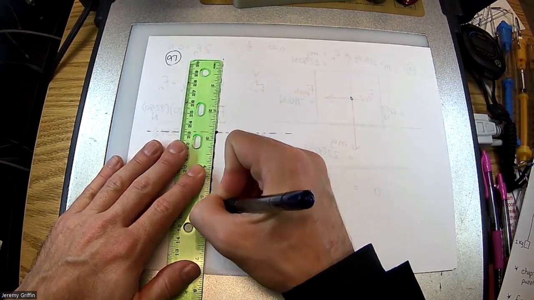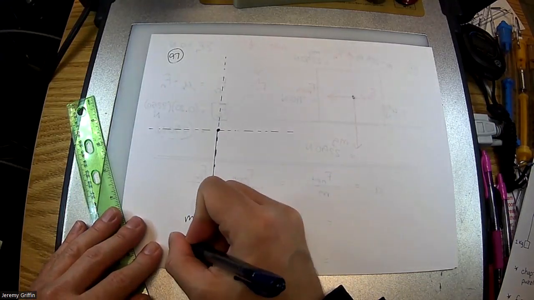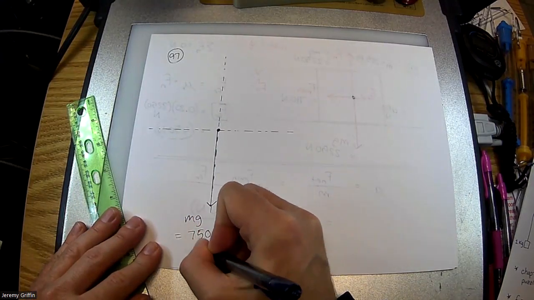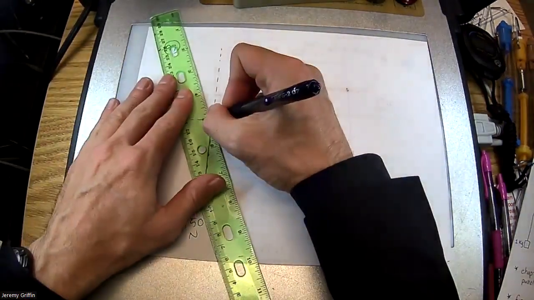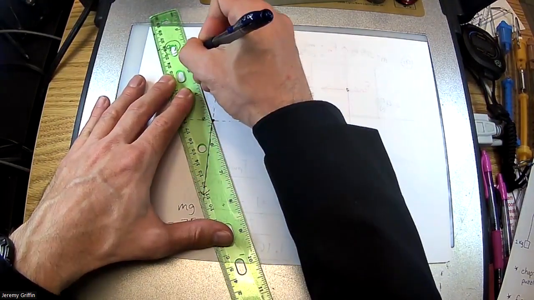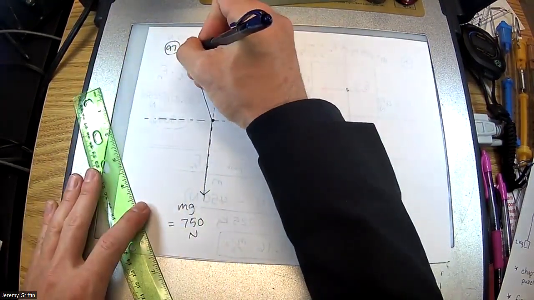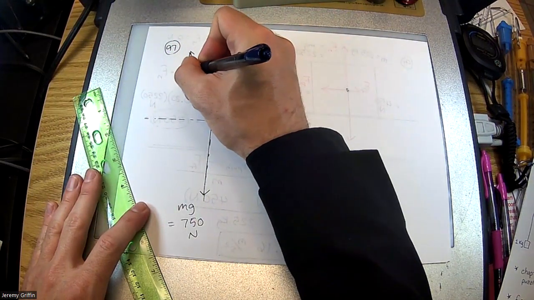That's going to be 750 newtons. So I'll say the weight is 750 newtons straight down. Got one cable pulling at 30 degrees from the vertical. I'll call it T sub A.